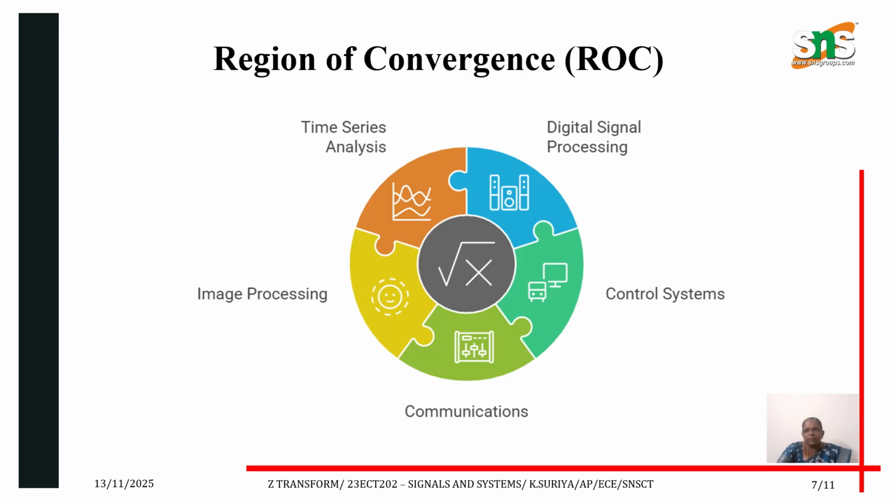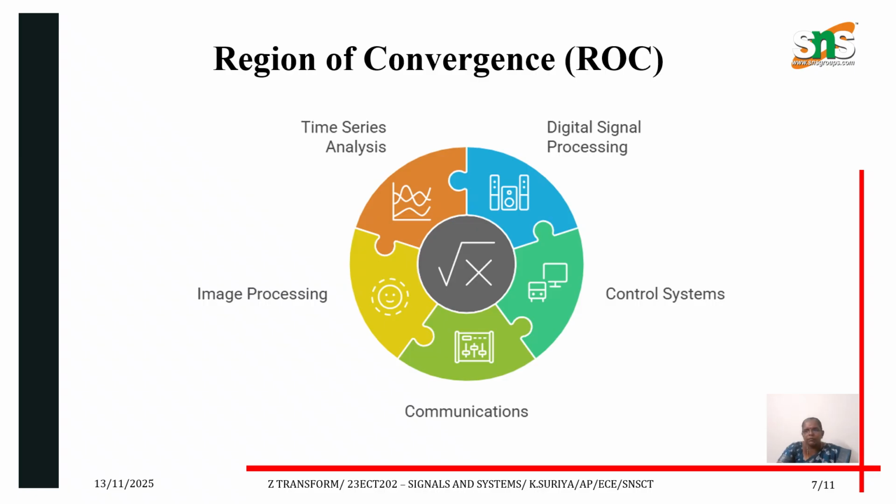In control systems, it is used for representing discrete time control systems using transfer functions, determining the stability of closed loop control systems, and designing digital controllers to meet performance specifications.